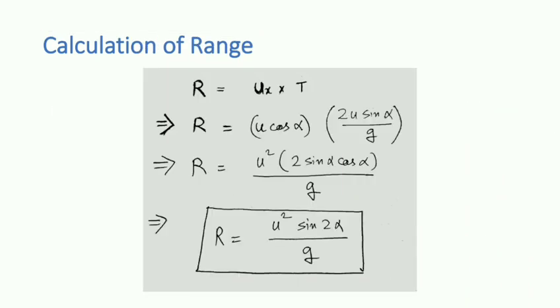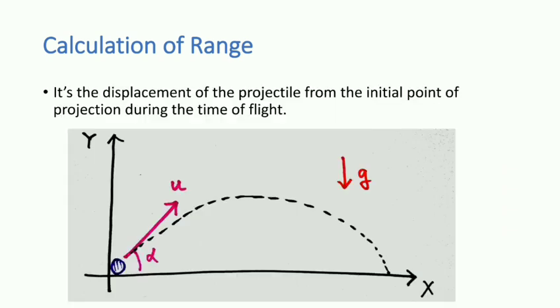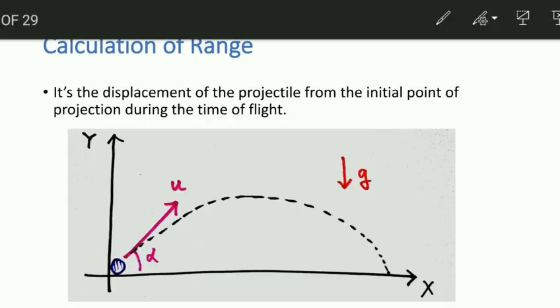Now, calculation of range. It is the displacement of the projectile from the initial point of projection during the time of flight. So I'm projecting the particle here, it is starting here and it is ending here.